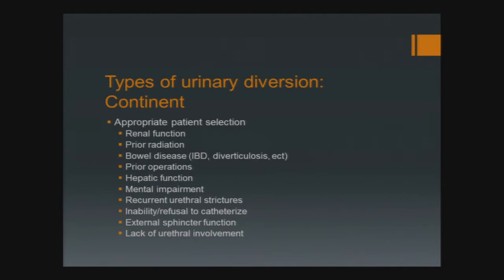Again, patient selection: the patient's creatinine needs to be below 1.7 to 2.2. Avoid prior radiation in these patients. Bowel disease would be a contraindication, as would significant prior operations, hepatic dysfunction, and any mental impairment. I would put the caveat here of untreated substance abuse.